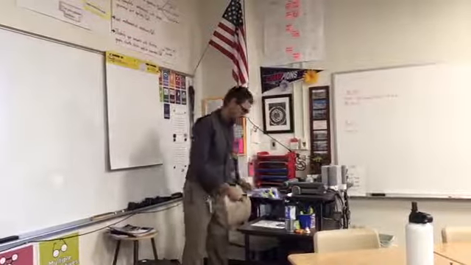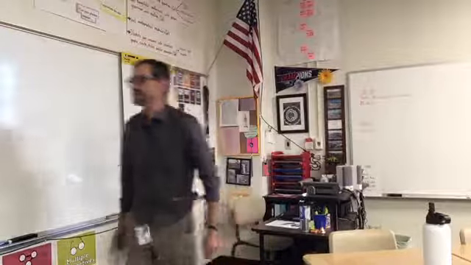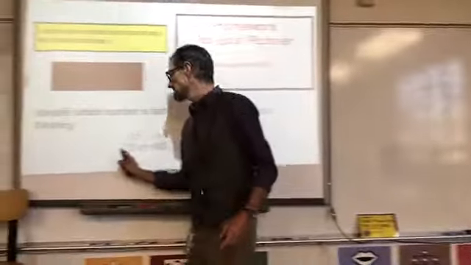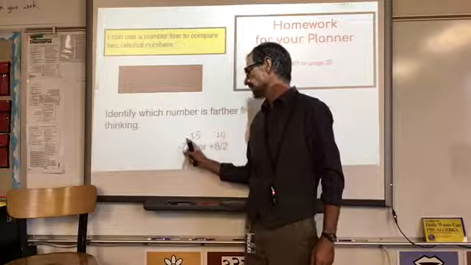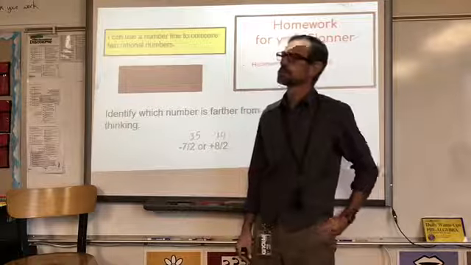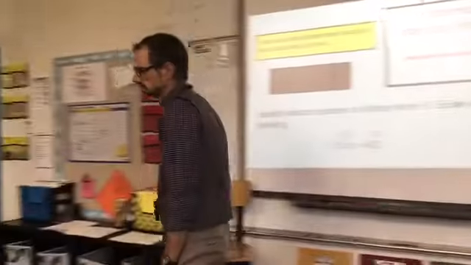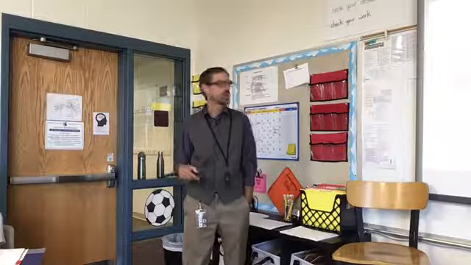Written in decimal form, it's negative 3.5. This is what we're doing. We're comparing two rational numbers, which one's further from positive 2. You want to show me and explain your thinking.